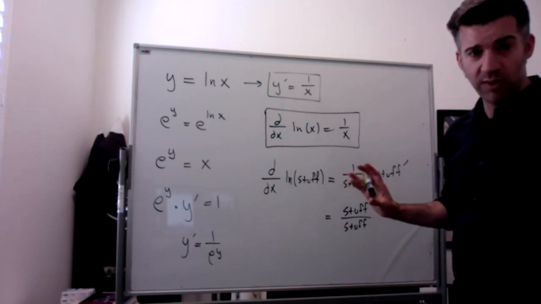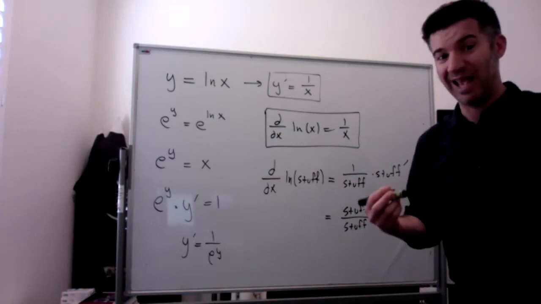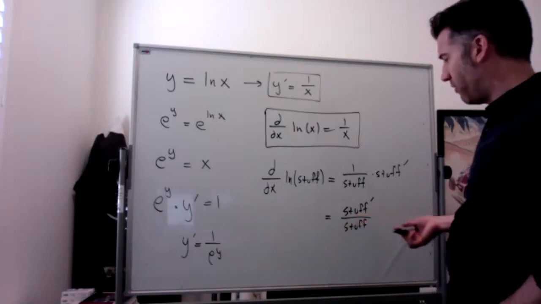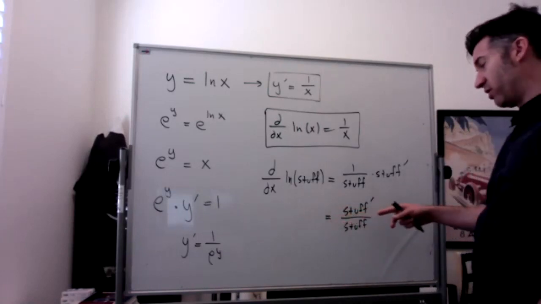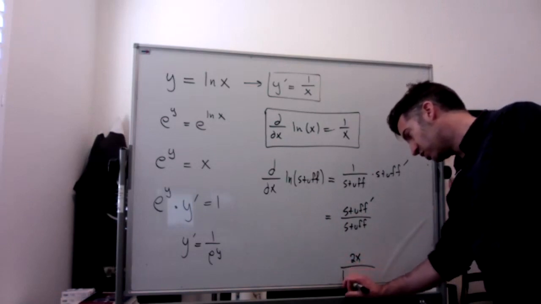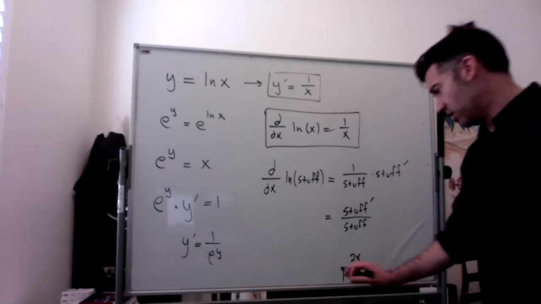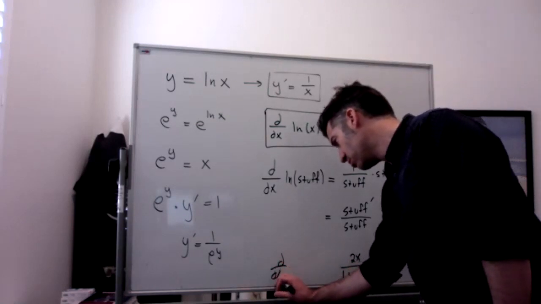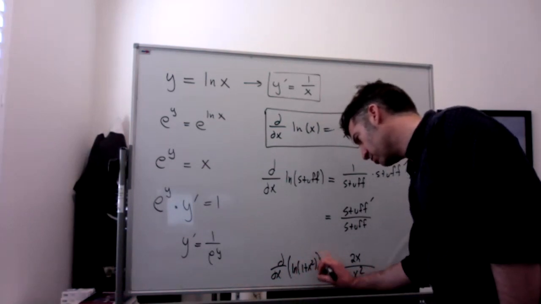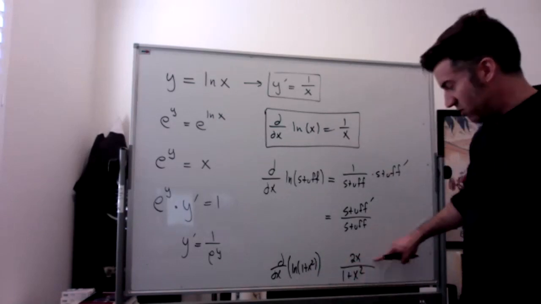This is actually worth making note of, because later on in this class, when we start talking about antiderivatives, we're going to often see a lot of things where you say, oh no, I want to know what function has a derivative, and the derivative ends up looking like, for example, if my derivative was 2x over 1 plus x squared, well, I could say, oh, the original function is probably the natural log of 1 plus x squared, because the derivative of this is 1 over the stuff times the derivative of the stuff.